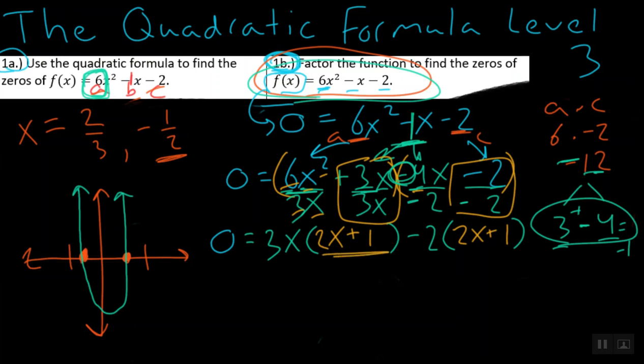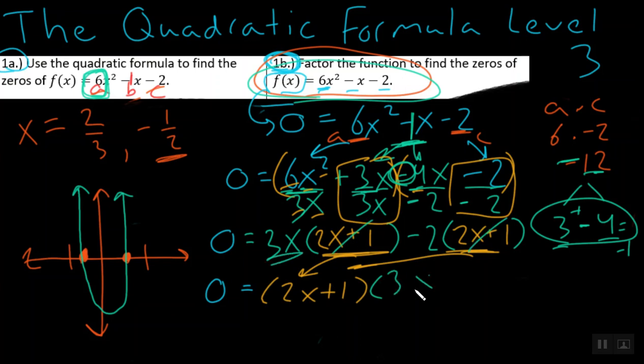And notice that my factors, they actually match. That tells me that I'm doing this problem correctly. And I say, okay, well, since 2x and 2x are the same, I can factor them both out, and I write 2x plus 1. And then over here, our second factor, when those reduce away, we're left over with a 3x and a minus 2.